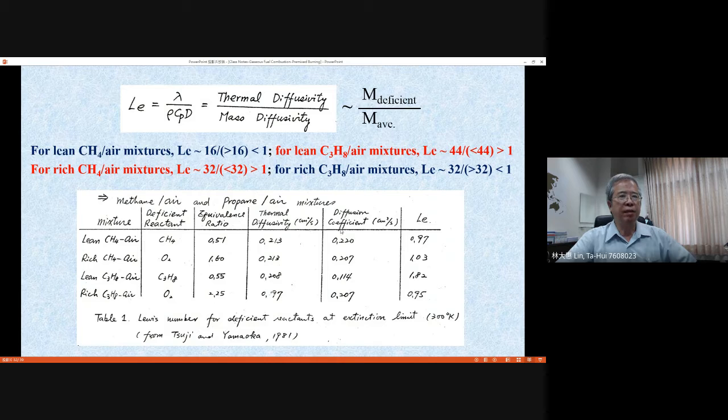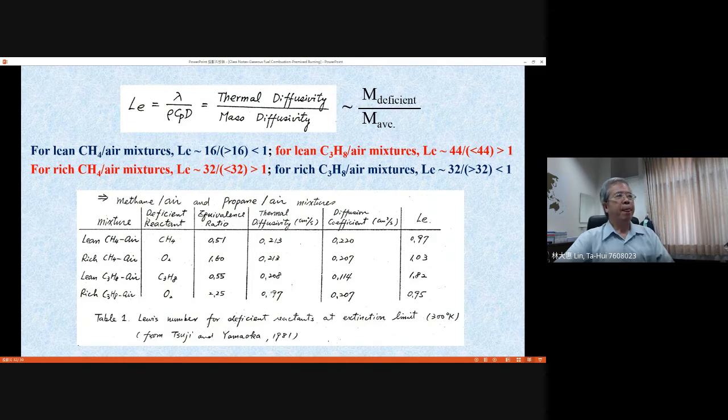This is the exact value, and I try to give you some comparison, because those values can be found from the real data in the thermodynamic table, and the Lewis number can be found exactly. We just use some estimation, evaluate approximately, and do some comparison.